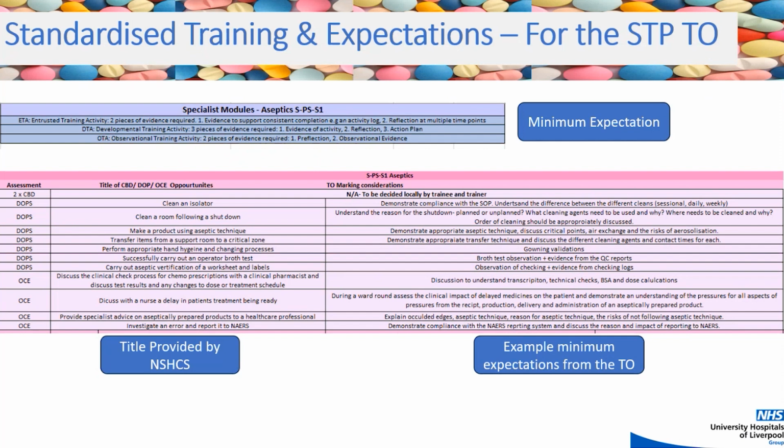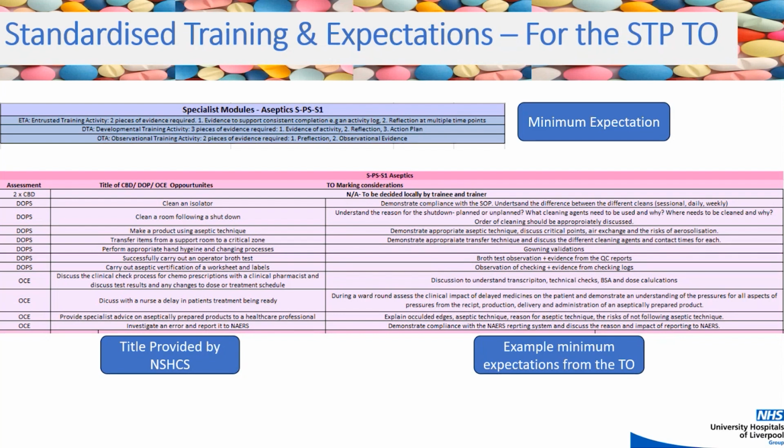Perfect, thank you. So just as a breakdown, because obviously there is a lot of information on that one slide, what you have is your minimum expectation. So depending on whether it's being stipulated by the National School as an ETA, a DTA or an OTA, you have a certain level of evidence that is required as part of your one file submissions. So what we have is we outline what type of training activity is required.